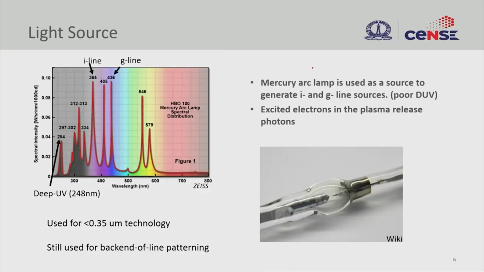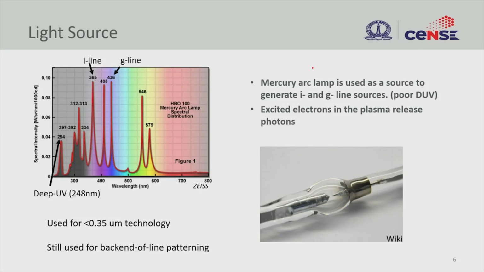The same technique is applied here, where you don't want to expose this photosensitive material to white light, or you don't want it to be responsive to all the wavelengths, only very selective wavelengths. If there is a selective wavelength, we also want a source for that, and that is the reason why we are going to discuss light sources.